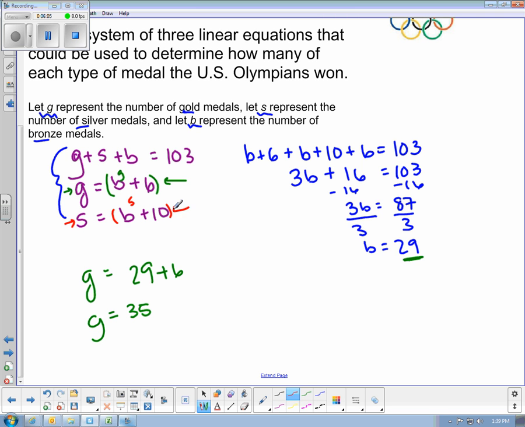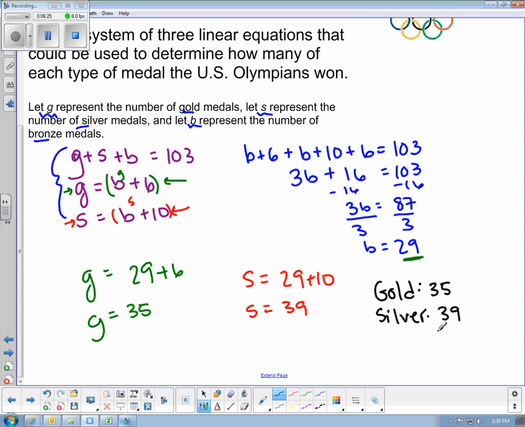Silver is equal to 29 plus 10, which means silver is equal to 39. So all together, I know that there were 35 gold medals, 39 silver medals, and 29 bronze medals.